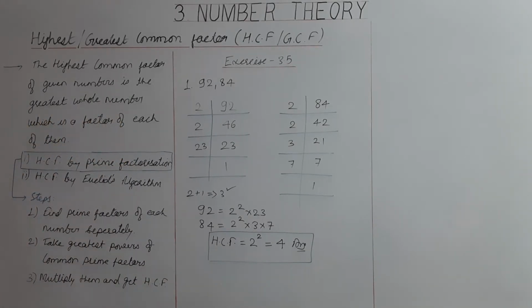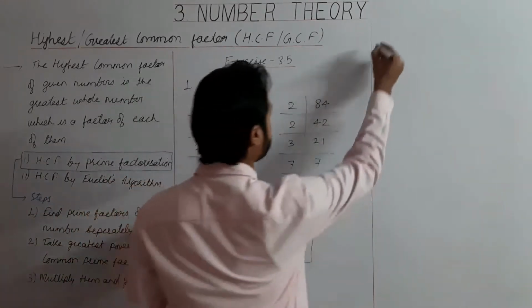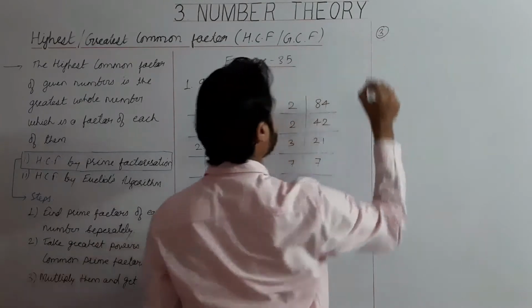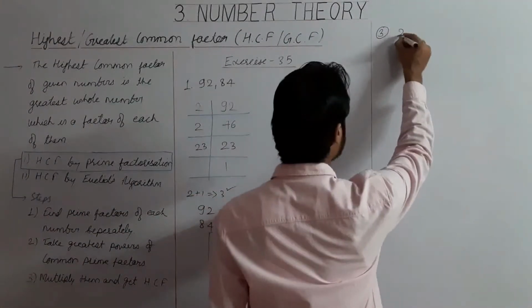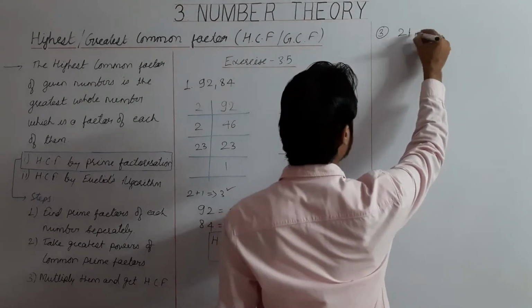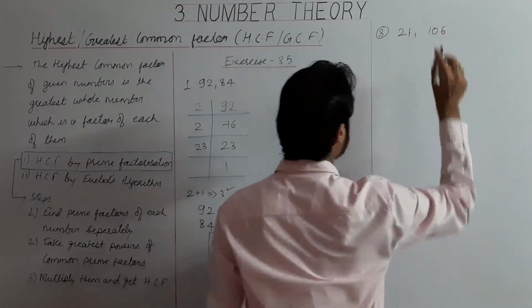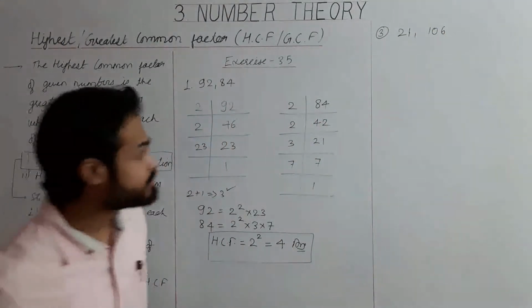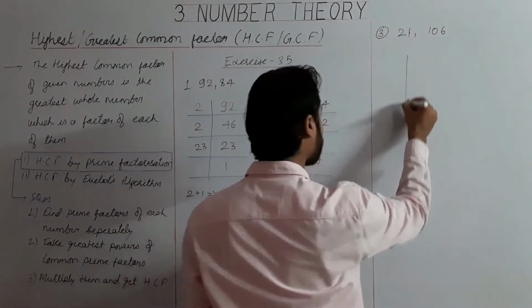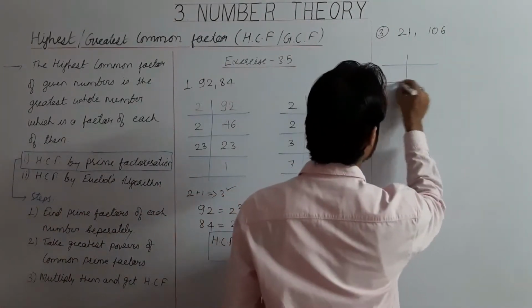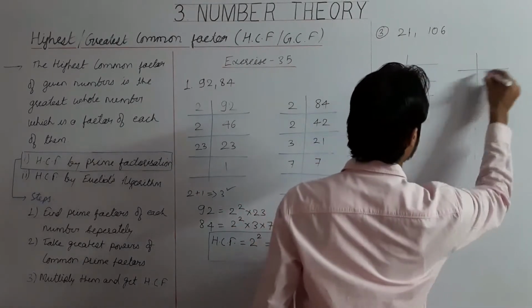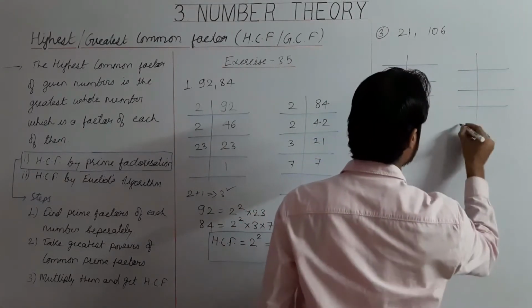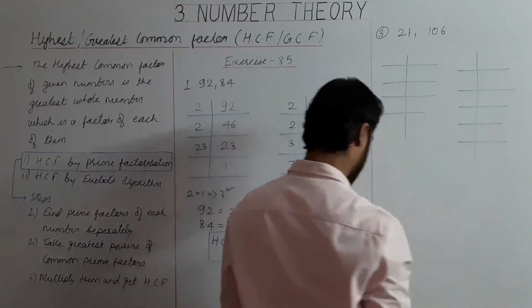Second question, given numbers are... no, we are going to solve the third question. Question number 3, 21 and 106. Again, we have to find prime factors of 21 and 106 separately.